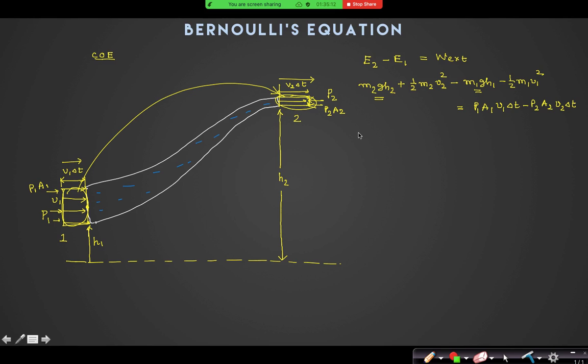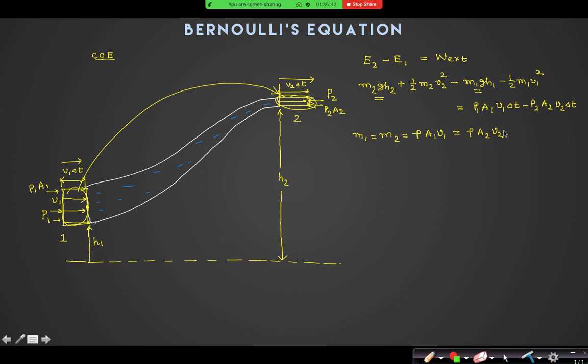Alright, now we can say M1 is equal to M2, is equal to rho A1 V1 is equal to rho A2 V2. Can I say that? All these things are the same or not?